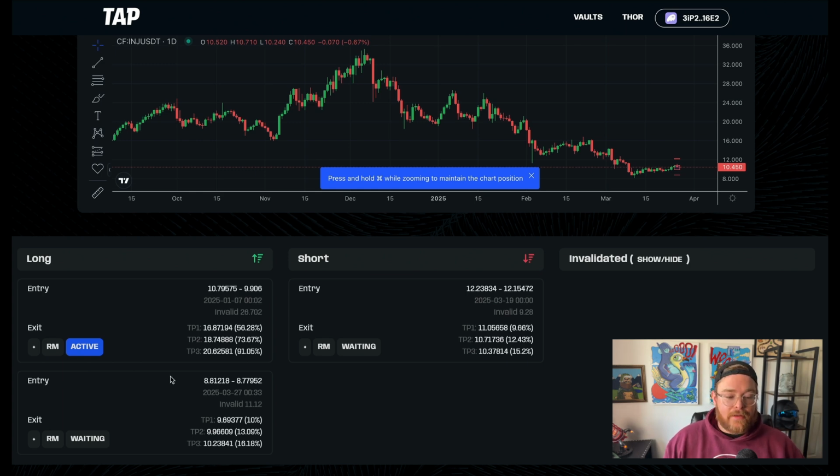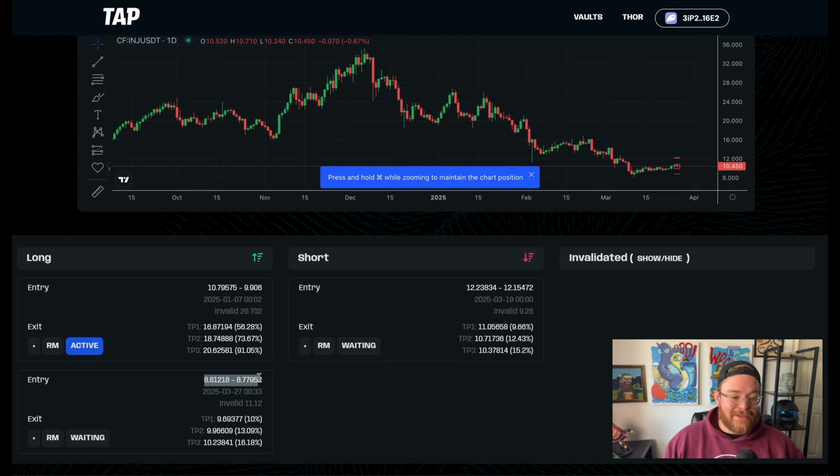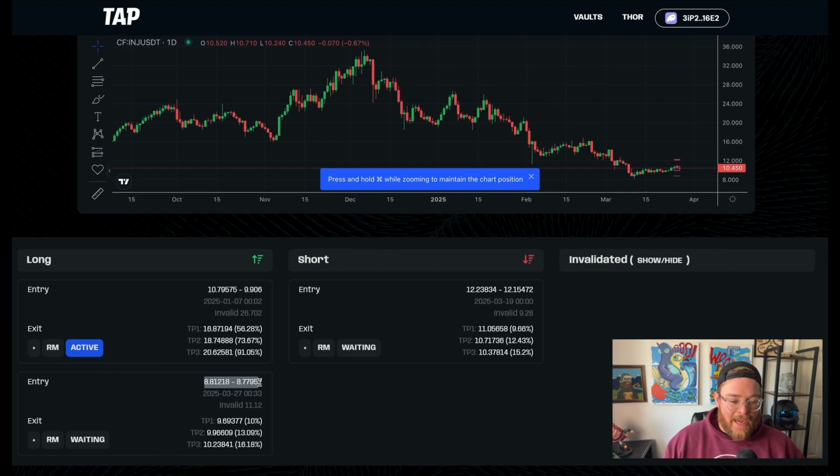So for me, since I'm a take profit one purist and a signal maxi, I'm going to buy in this range and I'm going to sell what I bought at this take profit level for a 10% return. Maybe I'll get cutesy with it and sell 80% of what I bought at this first take profit level and 20% leading into TP2.